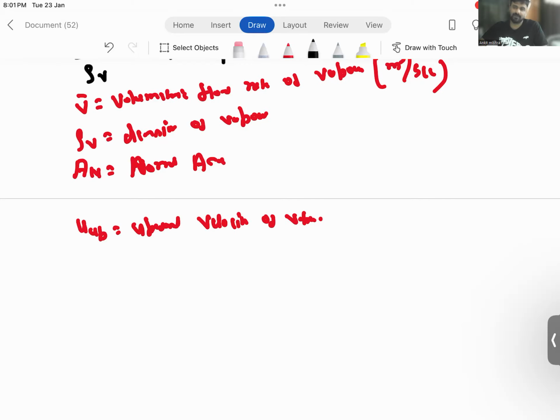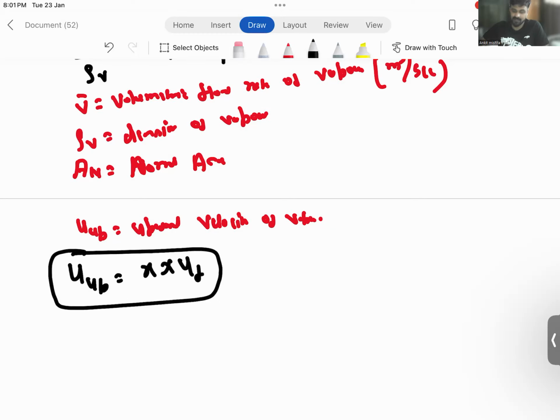Sometimes what happens is they will give you the fraction of flooding velocity that equals the upward velocity. Let's say x fraction of flooding velocity will be equal to the upward velocity, right? So in this particular formula, you'll see U upward equals x multiplied with U flooding. This kind of relation will be given in the question, and from there you'll have to use this formula.